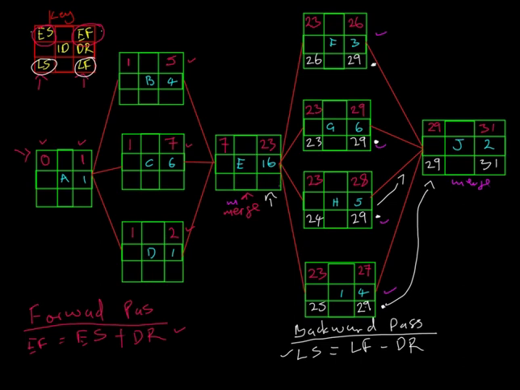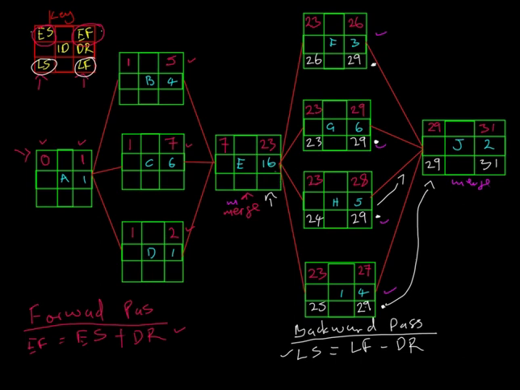All right. Now we have got more than one successor. So what do we do? We look for the lowest late start of those successors. Remember, when we were going forward, we looked for the highest. Now, when we are going backwards, we look for the lowest.